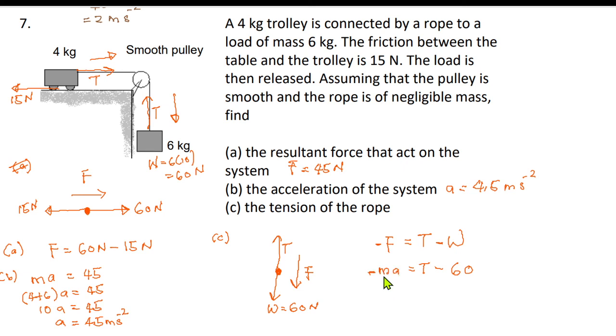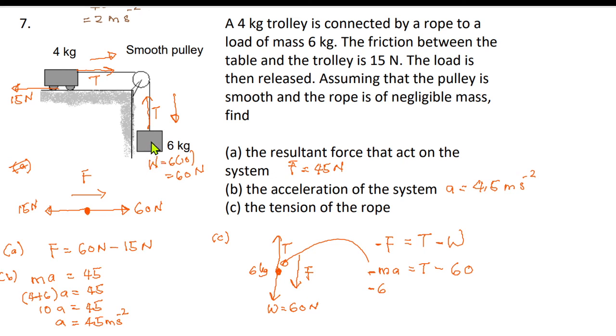What mass does this M refer to? Well, we are talking about this object. This object is 6 kilogram. So negative mass here is 6. What about the acceleration? Well, we have found out that the acceleration just now is 4.5 meter per second squared.